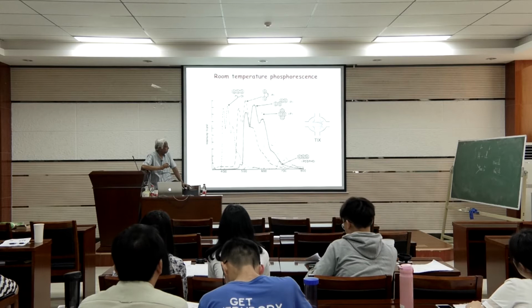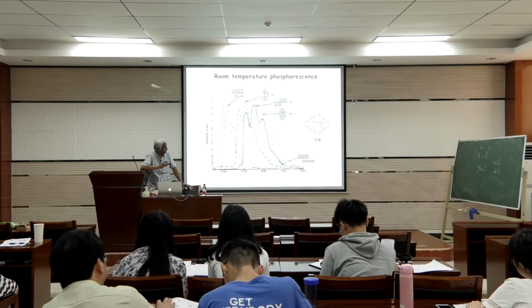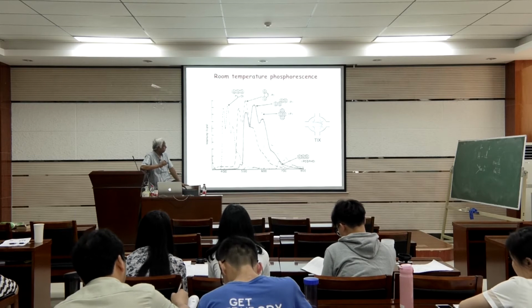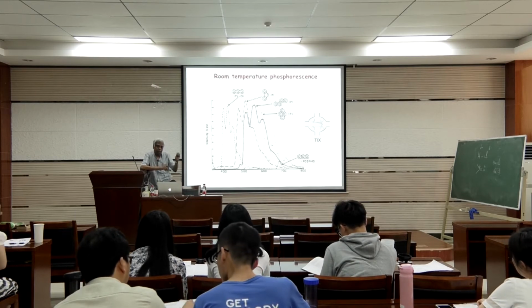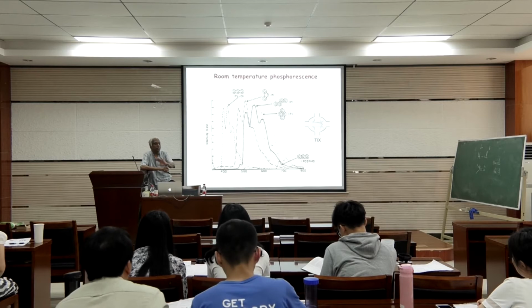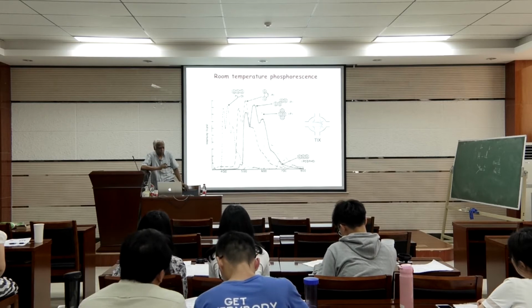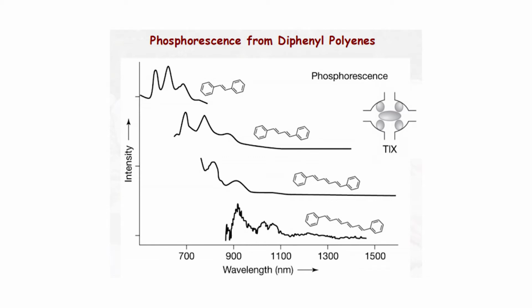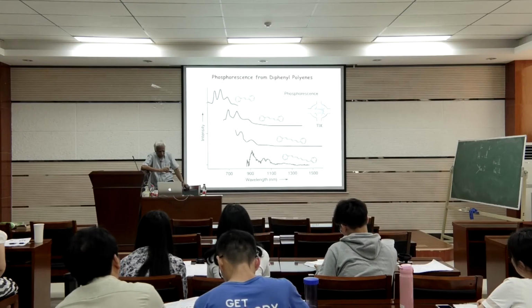For example, all of these are inside the zeolite with thallium as the cation. You can see that, but if you take them in a normal solution, you will not see the phosphorescence. That is because you need the heavy atom to enhance this. Okay, here there are some olefins.